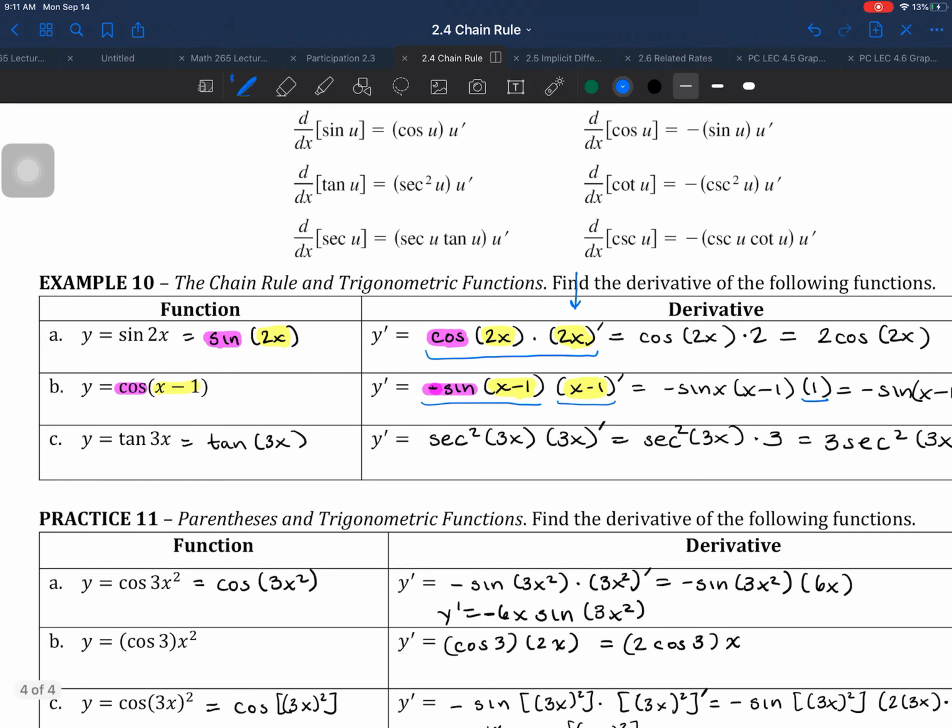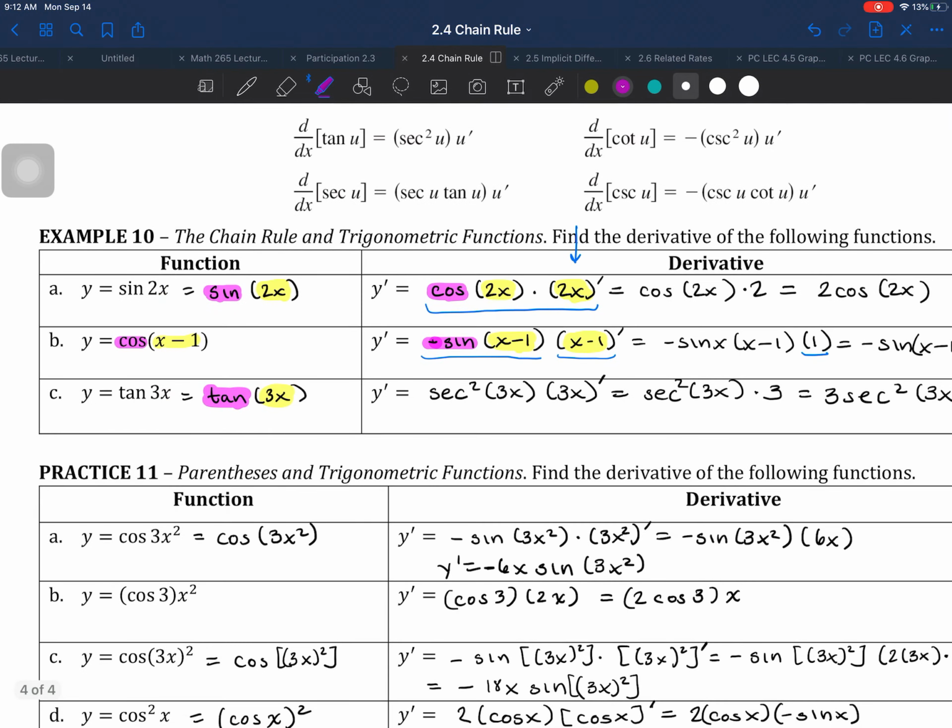Let's try another one. If it helps, put some parentheses there, like I did here. Tangent of 3x is tangent of 3x. Parentheses are there, so we're going to highlight the inside and the outside. The outside function is a tangent function, so the derivative of a tangent is secant squared.